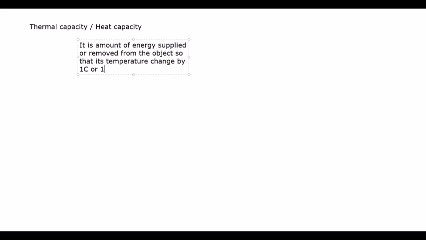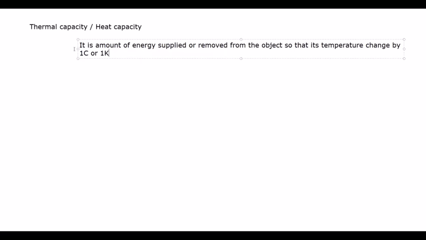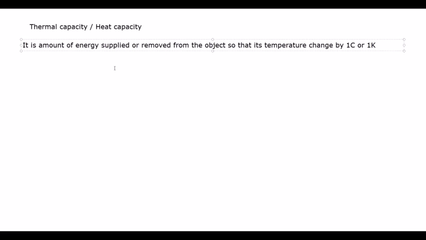Degree centigrade and Kelvin are the units of temperature. So what is the thermal capacity or heat capacity? It is simply the amount of energy which we require to change the temperature of a given mass of a substance by 1 degree centigrade.